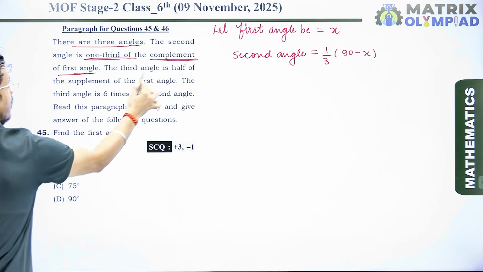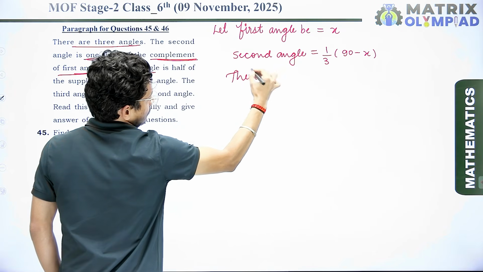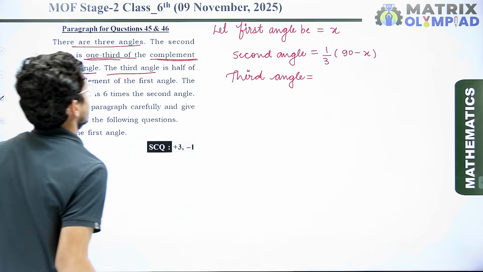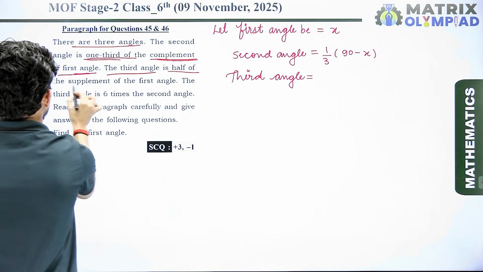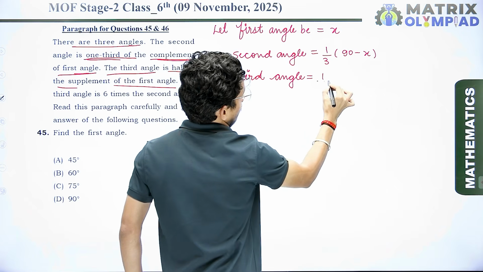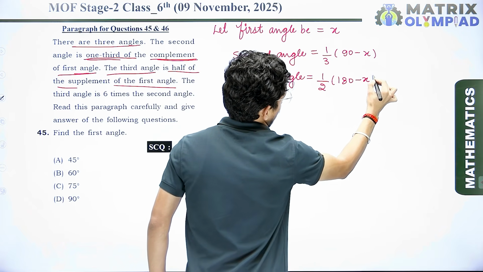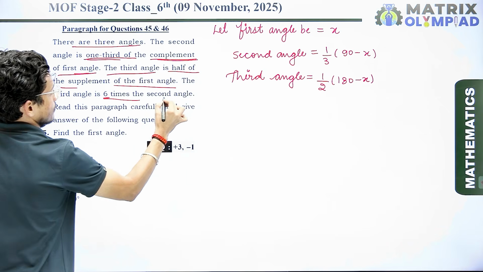And the third angle is half of the supplement of the first angle, and the third angle is 6 times the second angle.